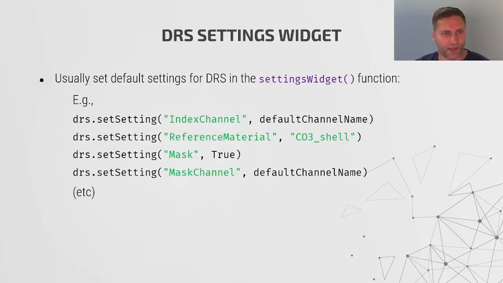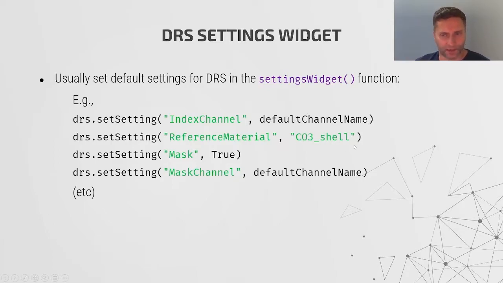As I mentioned, we create settings in our DRS by using this drs.setSetting. So we would create a setting via this function where we say the name of the value that we want to set, and then the actual value that we want to set. So in this case, we're actually just passing it a string variable.